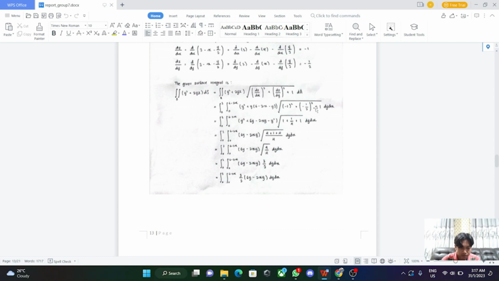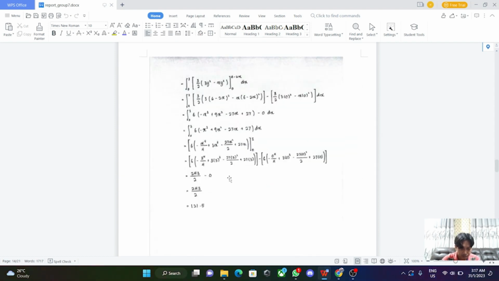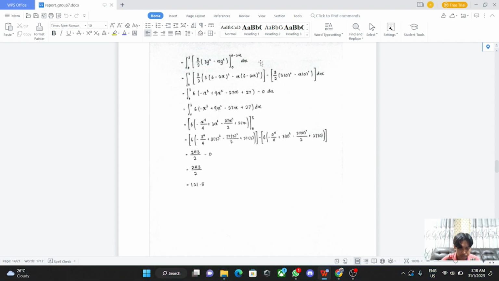We need to calculate all this, and we got the double integral 0 to 3 and 0 to 6 minus 2x of 3 over 2 (6y minus 2xy) dy dx. Next, we need to solve the integral with respect to y.